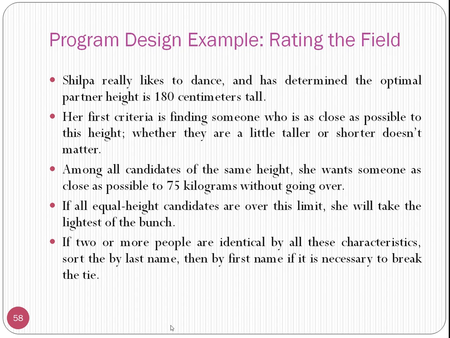It will sort by the last name, and if they are still tied, it will go for the first name to break the tie. These are the conditions which Shilpa has to find her dancing partner.